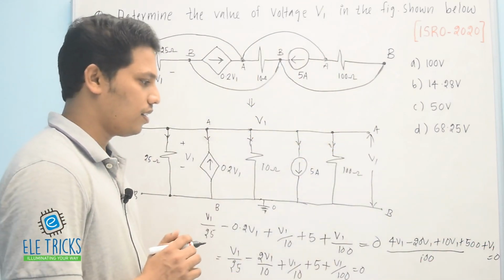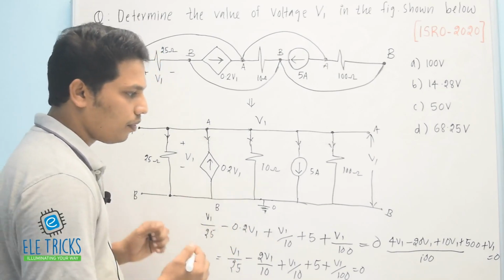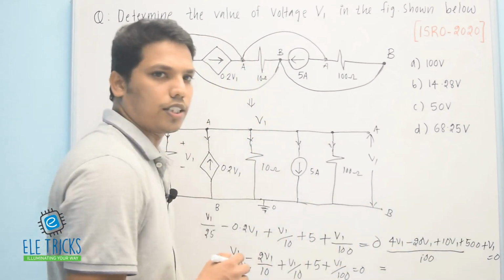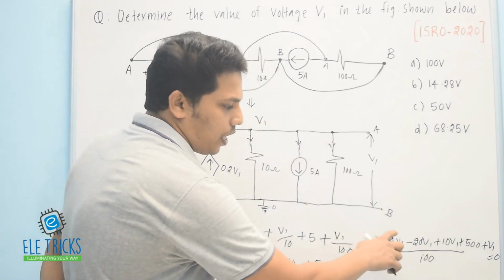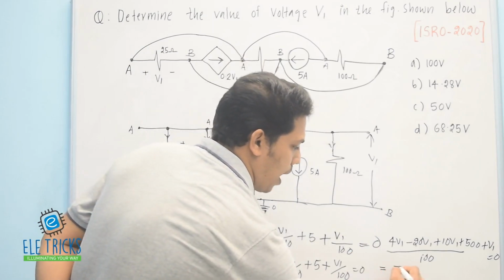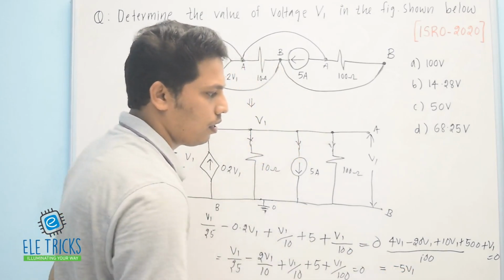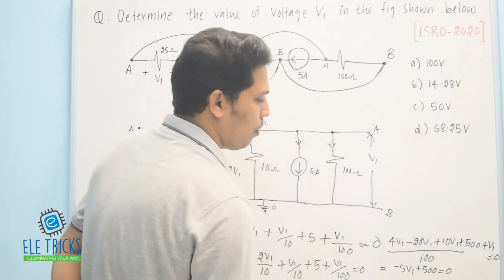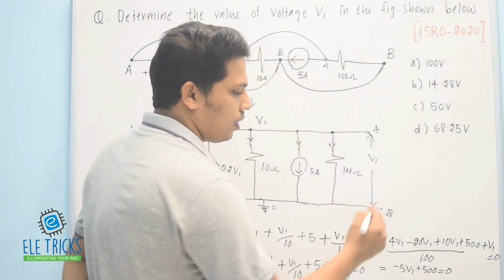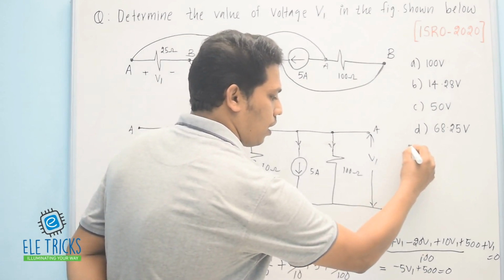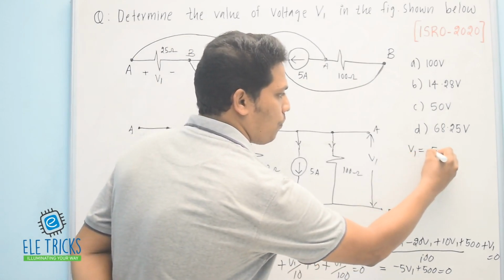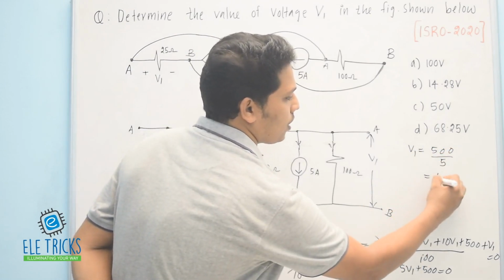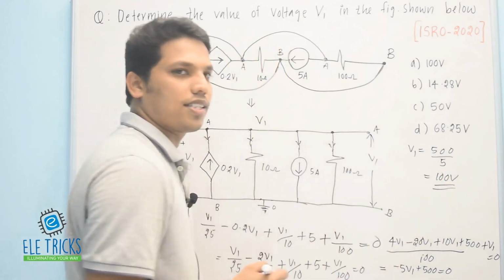Got it? Okay. Then V1 plus 10V1 plus 4V1 is 15V1. 15V1 minus 20V1 is minus 5V1, plus 500 is equal to 0. So V1 is equal to 500 divided by 5, that is equal to 100 volt, which is the right answer.